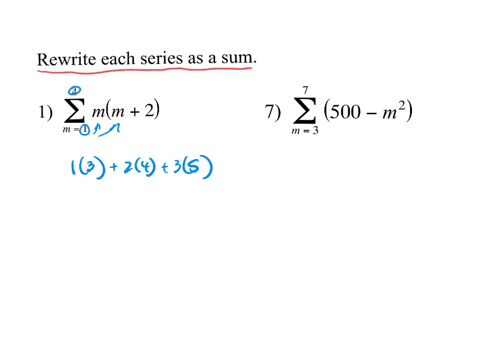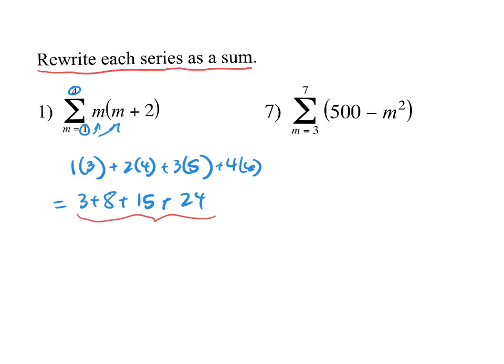And then I end at 4, and 4 plus 2 is 6. So this expansion is just 3 plus 8 plus 15 plus 24. This is the answer that I'm looking for. If you want to go ahead and add it up because it's driving you crazy, go ahead and do that. But I'm not going to worry about that part when I say rewrite the series as a sum.